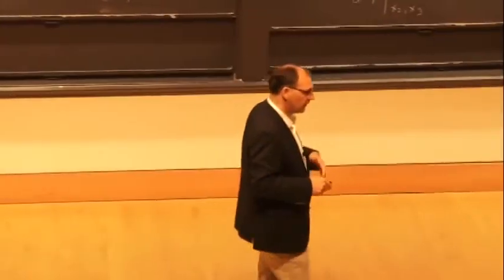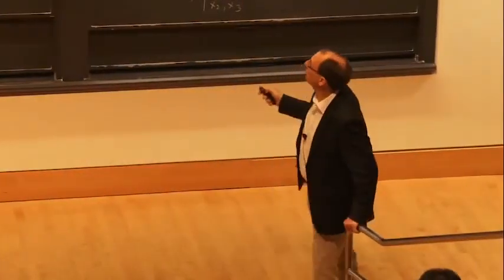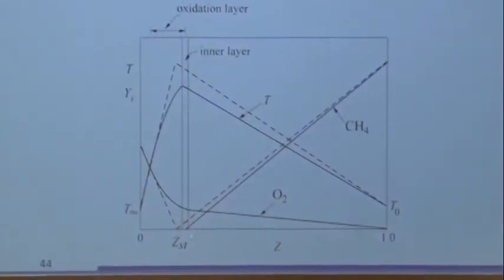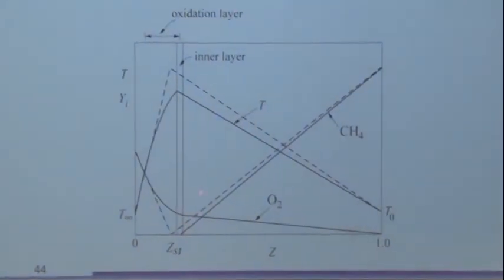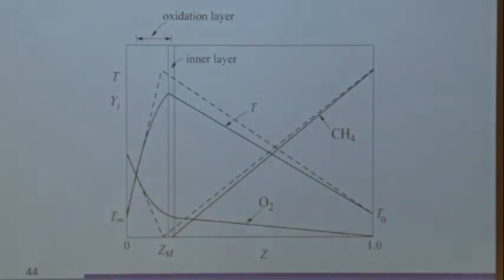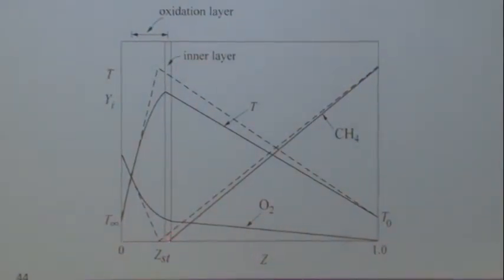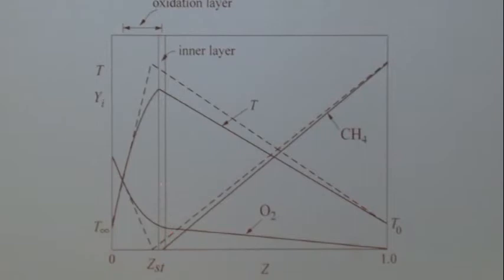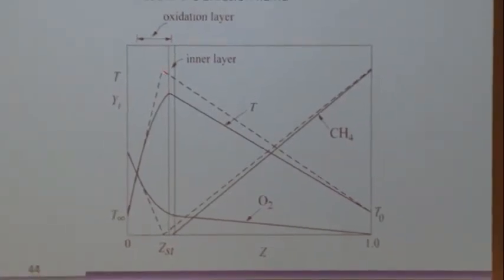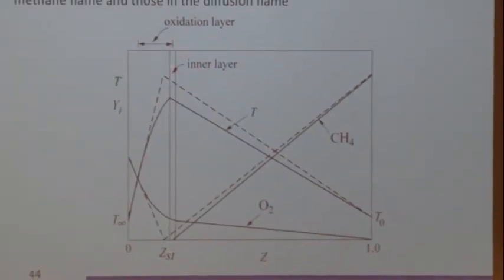That's the same here, at stoichiometric conditions, where the radicals go to 0 basically, or the radicals are consumed together with the fuel, where the fuel is converted into CO and H2. And then on the lean side, you have the oxidation layer where the CO is converted into CO2.